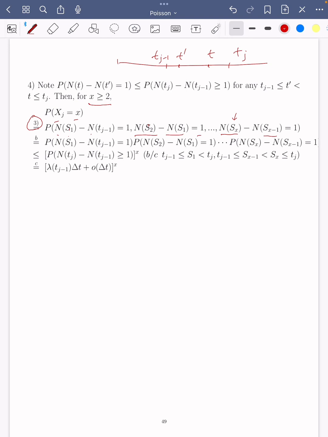And also, by the independent increment, we know that the probability of this sequence is equal to the product of each individual probability. And because of this fact, each of these probabilities will be less than or equal to this probability, to the power of x.